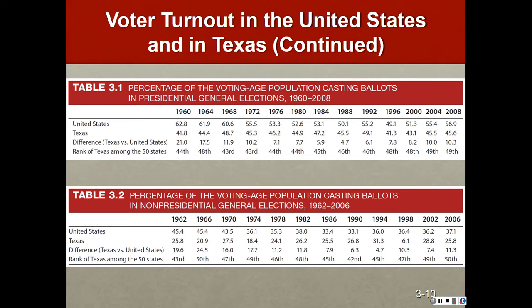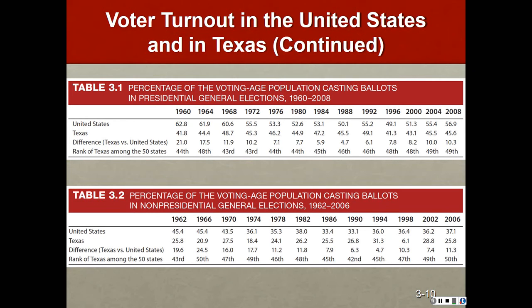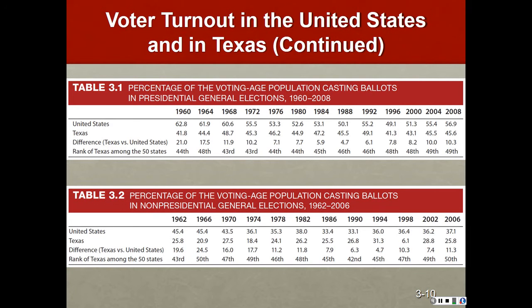But in Texas, we are consistently voting under 30% in non-presidential elections. So Texans, we don't vote. Once again, if you look at the rank of Texas among the 50 states there, our best year was 1990 when we finished 42nd out of 50. So we don't vote. We need to fix this issue.